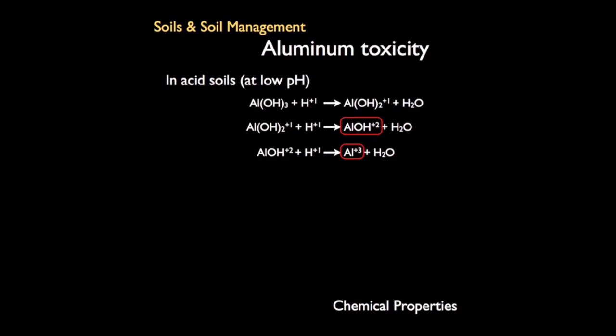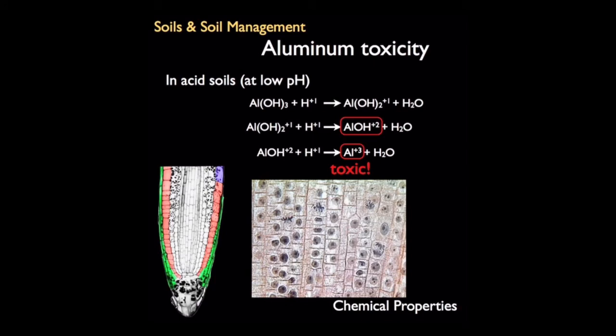In addition, aluminum hydroxides in the clay structure can be solubilized at low pH, releasing further free aluminum ions into the soil solution. Aluminum and aluminum hydroxide ions are toxic to most plants. Aluminum stops cell division in the root meristem and decreases the plant's ability to take up nutrients and water.